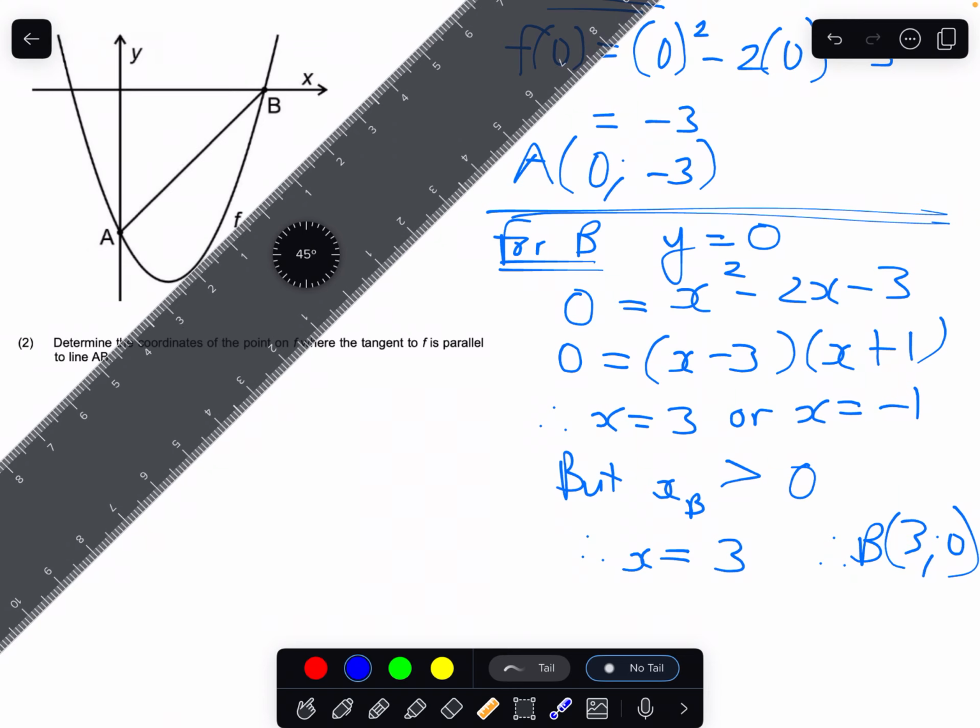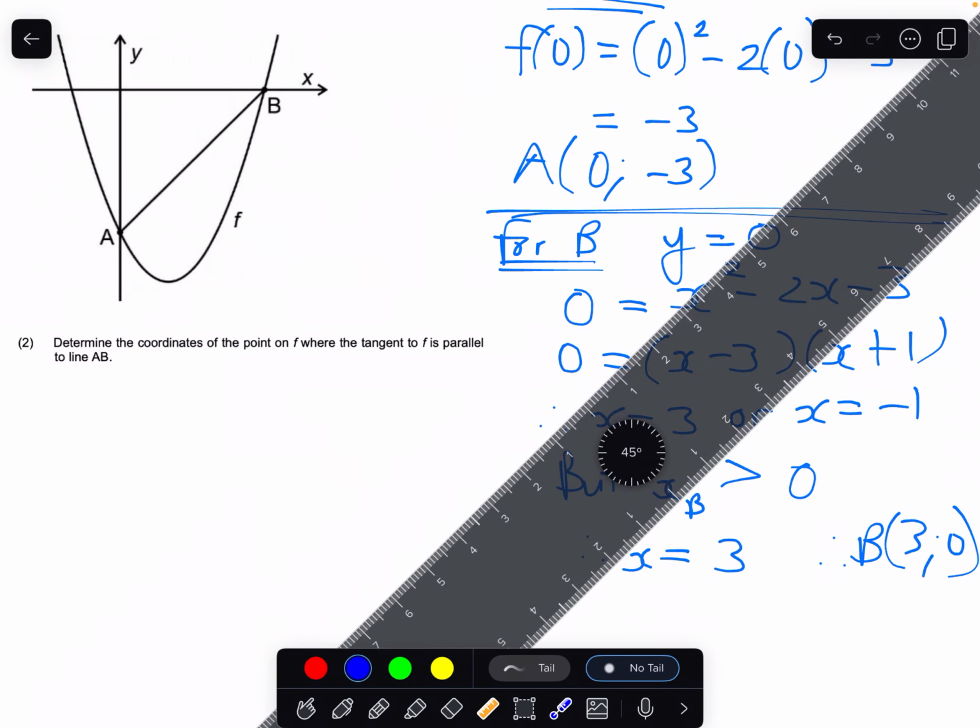So the tangent has the same gradient as AB. So we're going to need to find the gradient of AB. We're then going to need to find the gradient function of the parabola and figure out which value of x makes that gradient function equal to this gradient of AB, right? And then once we have that x value, we can figure out the y value by putting it into the parabola's function. So then we get the coordinates.